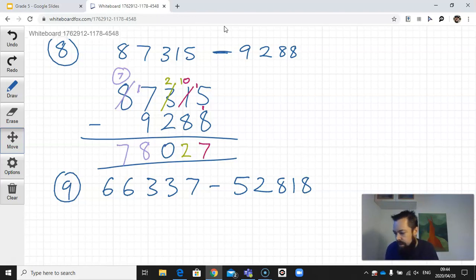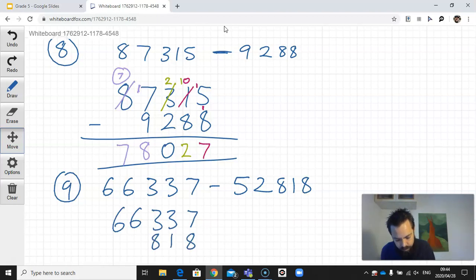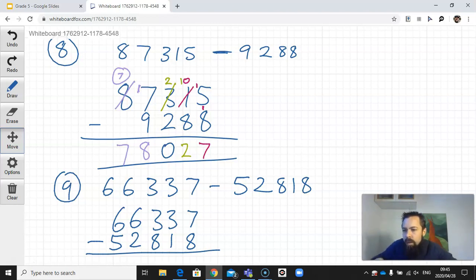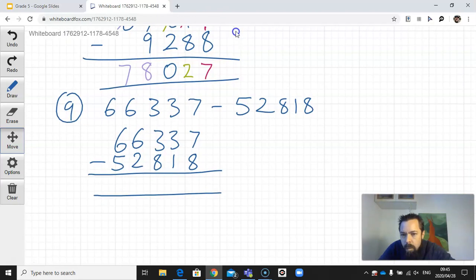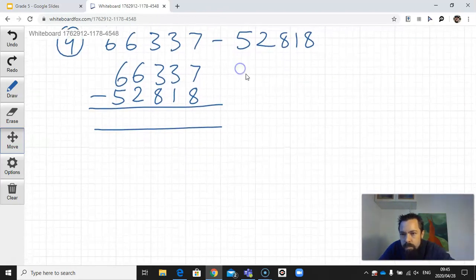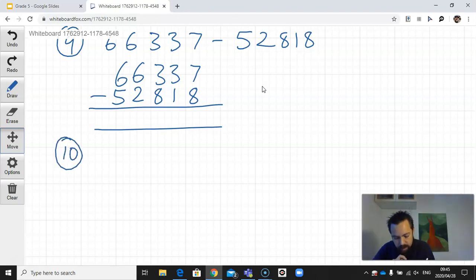Try number 9. It's the second last one. I'm just going to lay it out so long. Let me write the last one down so long, the question, while you're busy with number 9.